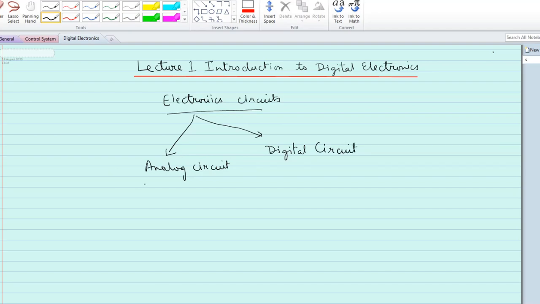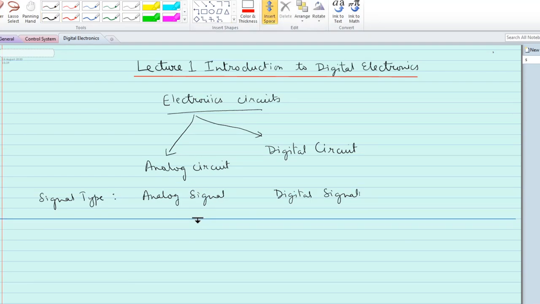In case of analog circuit, your signal is an analog signal, and in case of digital circuits the signal is known as a digital signal.